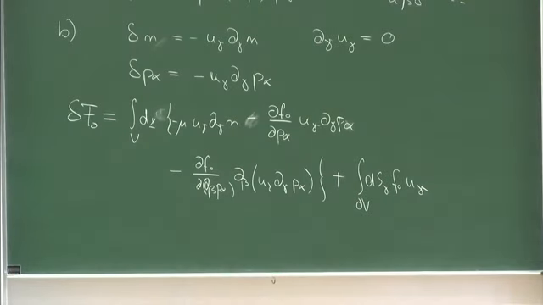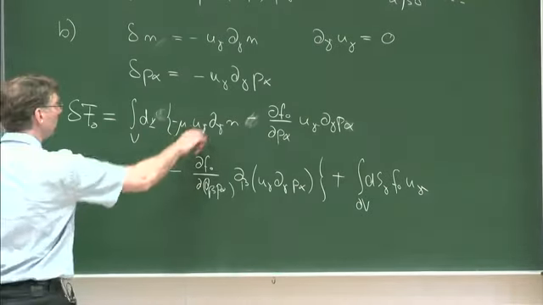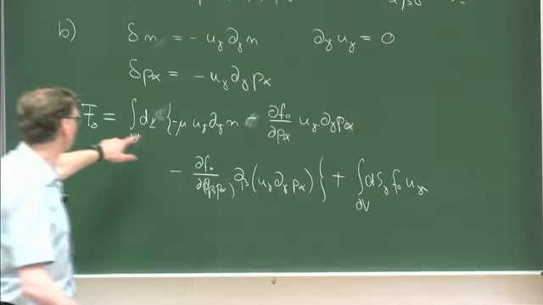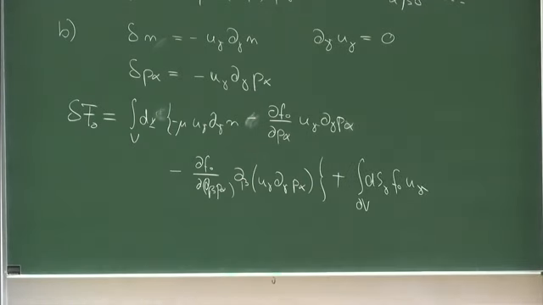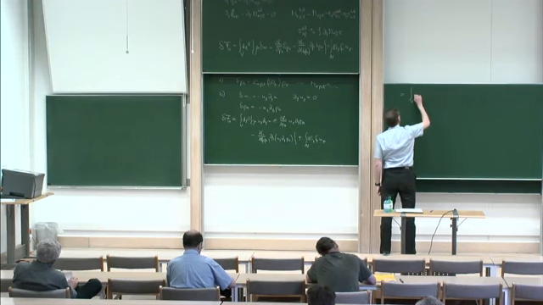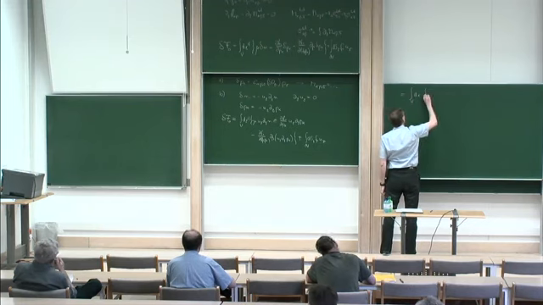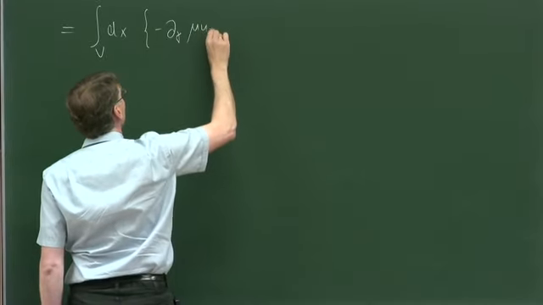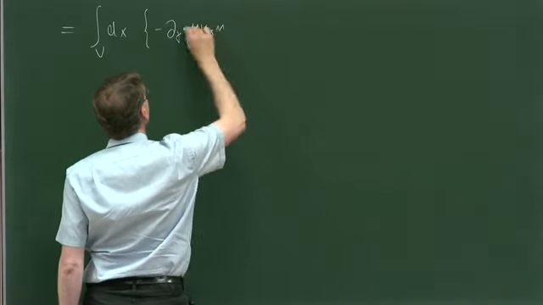Okay, now what can we do? Well, first of all, I'd like to do some partial integrations. So let's do it first on the first term. So we continue like this. We have a minus ∂_γ, and then we have μ u_γ n.